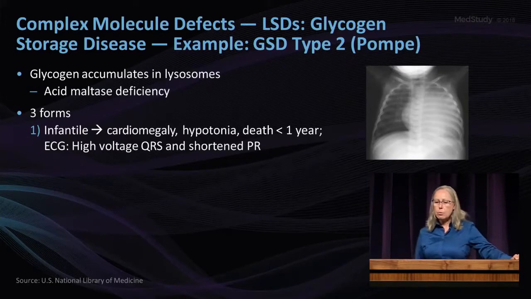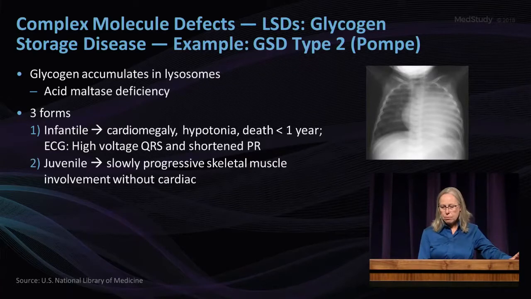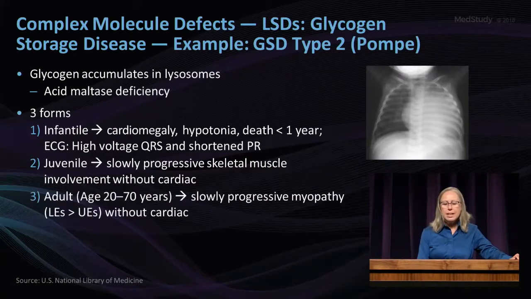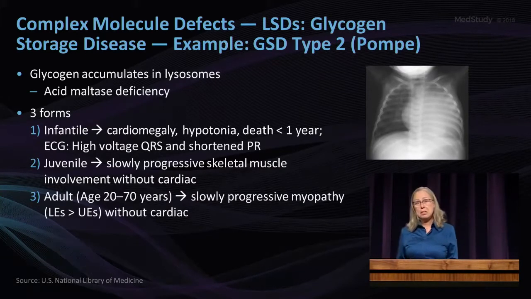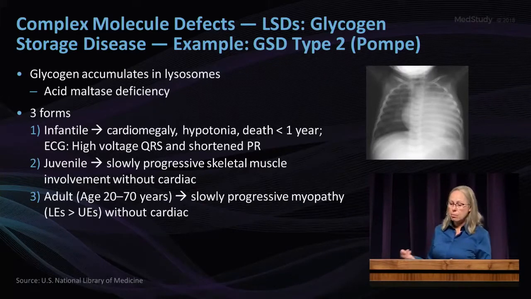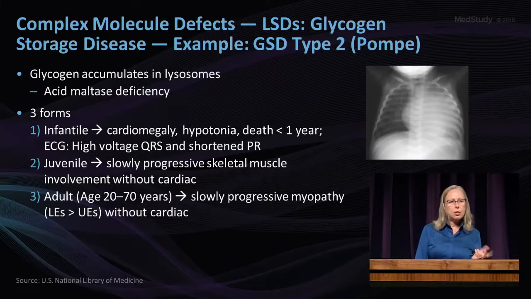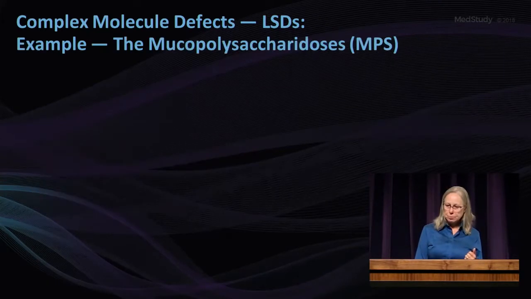The infantile form, which gives you profound cardiomegaly and hypotonia and death usually under a year of age. From the EKG, you see high voltage QRS and shortened PR intervals. The juvenile form is slowly progressive with skeletal muscle involvement without the cardiac findings. And then the adult forms can come on anywhere between 20 and 70 with a slowly progressive myopathy. Usually the lower extremities before the upper extremities and no cardiac findings.